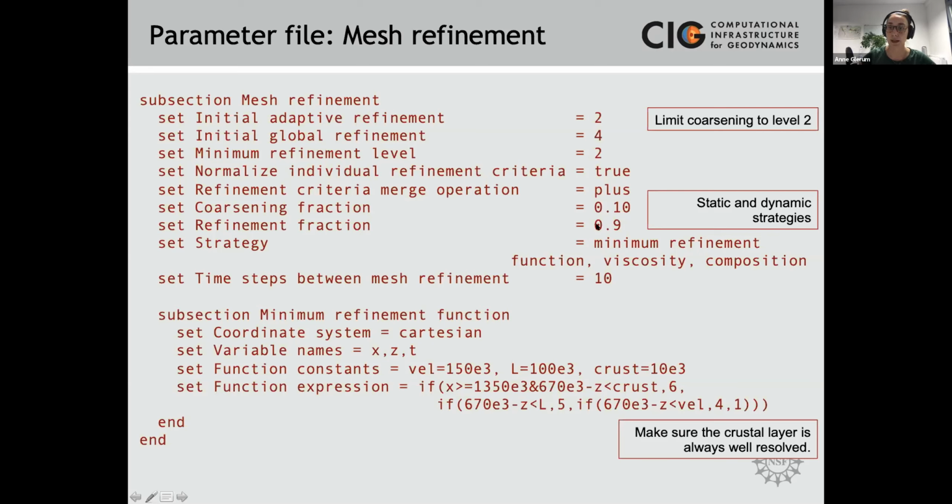So coarsening and refinement based on the minimum refinement function, but also the viscosity and the composition. So this is what allows us to track the slab into the mantle over time with the resolution. And then this minimum refinement function is just there to make sure that the crust is always refined at the same high level.